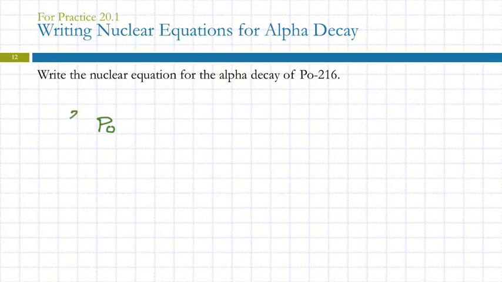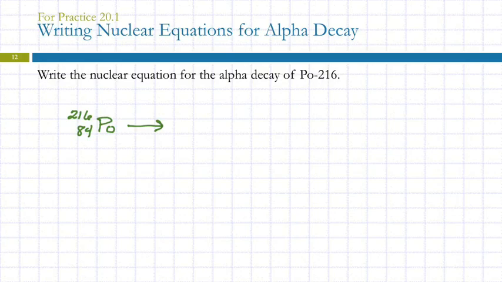So 216 is the superscript on the left, and we find the atomic number by looking at the periodic table. Finding Po, it's element number 84. So 84. That is going to react, not with anything else, but it's just going to spontaneously emit an alpha particle.